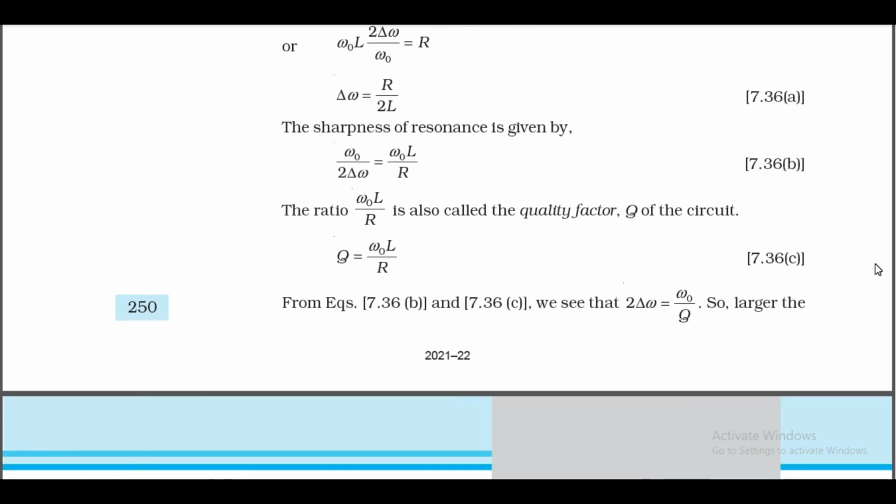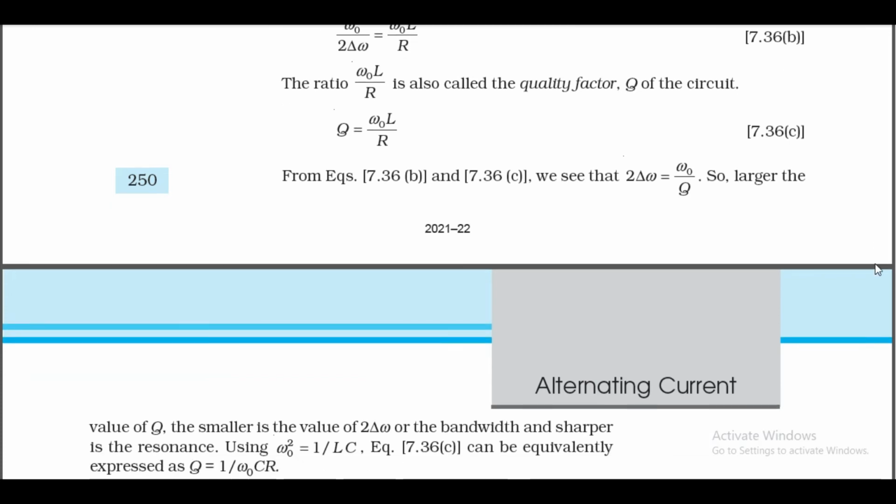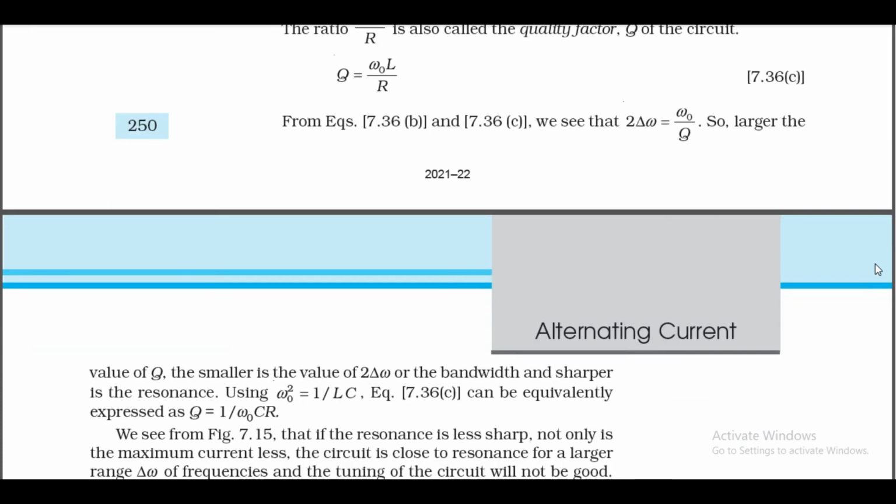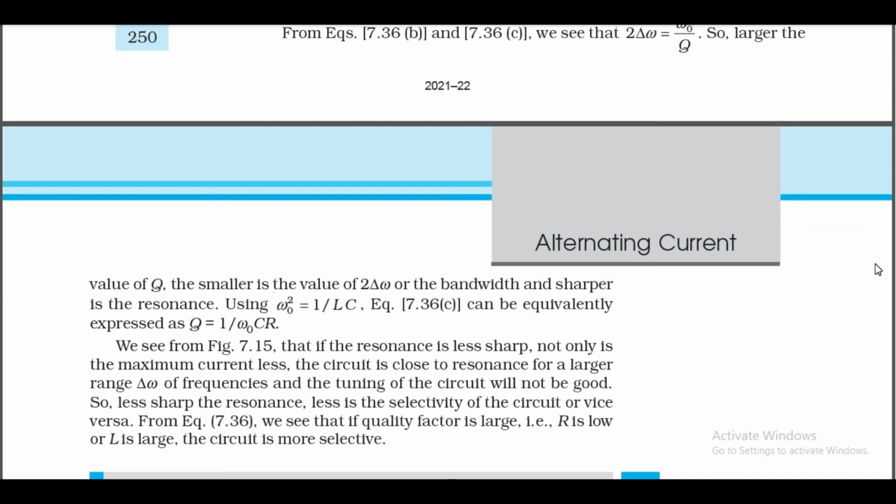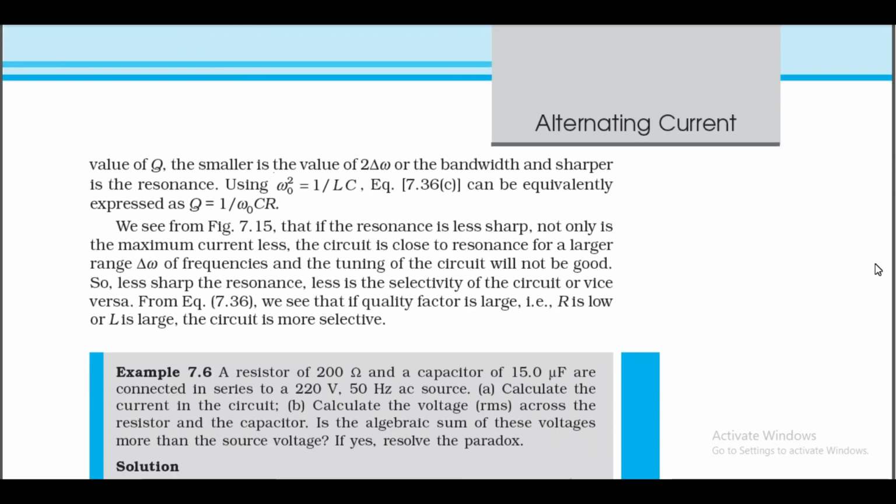Q is equal to omega naught L divided by R. From equations 7.36b and 7.36c, we see that 2 delta omega is equal to omega naught divided by Q. So, the larger the value of Q, the smaller is the value of 2 delta omega, or the bandwidth, and the sharper is the resonance. Using omega naught squared equal to 1 divided by LC, equation 7.36c can be equivalently expressed as Q is equal to 1 divided by omega naught C R.